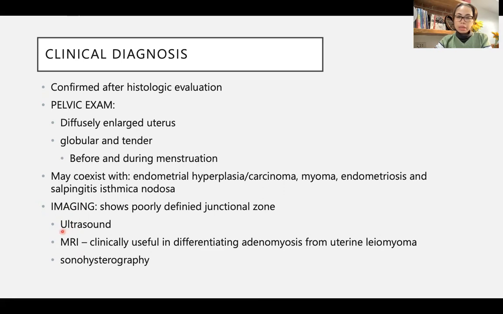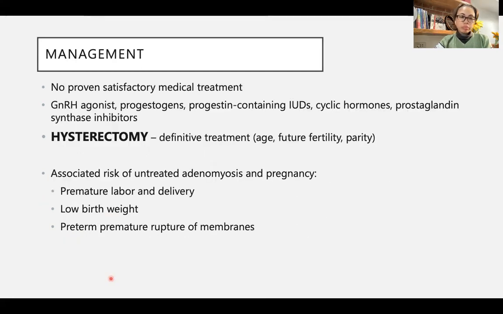Because the physical examination finding is quite difficult to differentiate leiomyoma and adenomyosis, MRI is clinically useful in differentiating adenomyosis from uterine leiomyoma. We can also do hysterography.